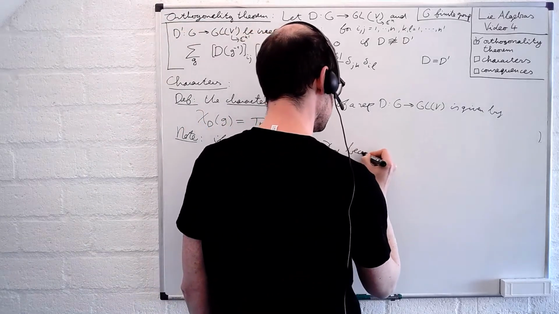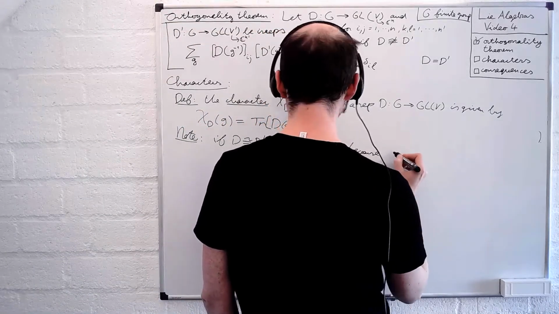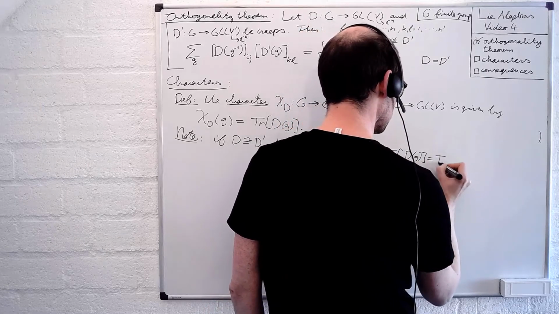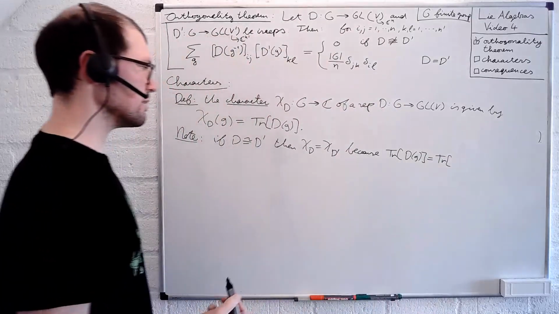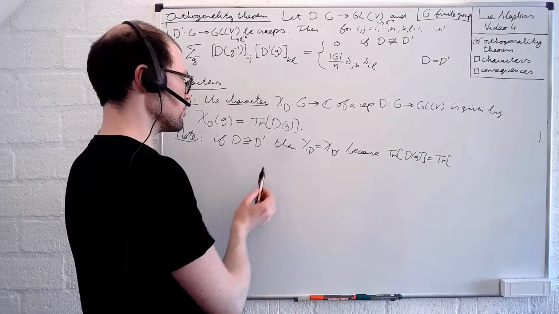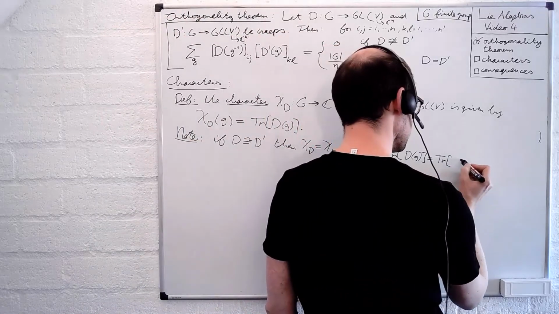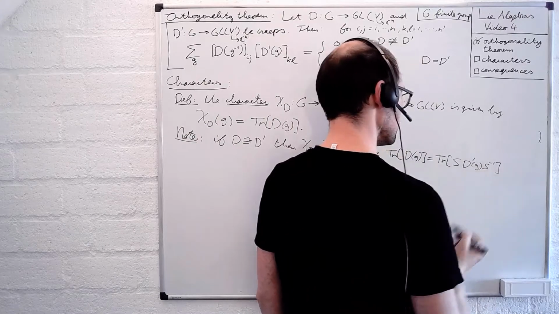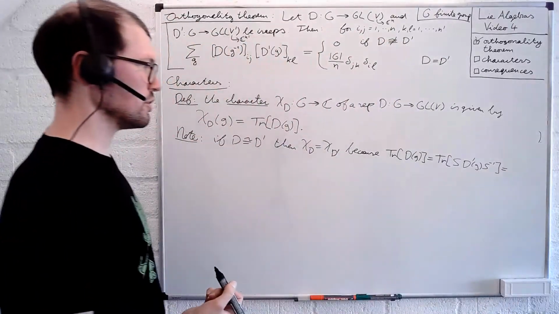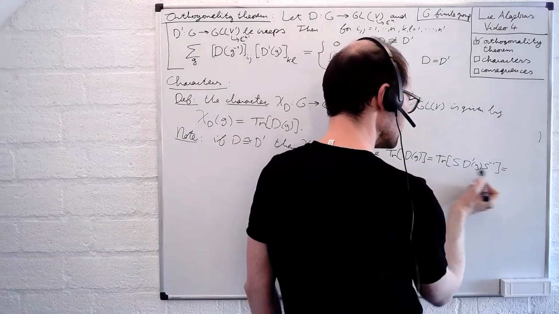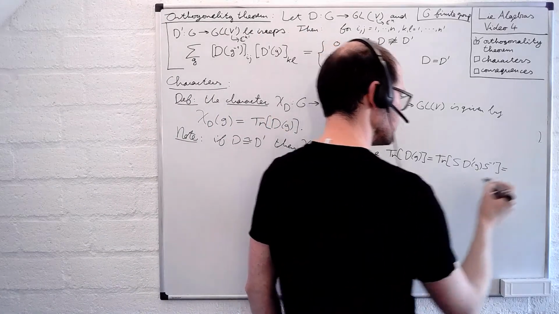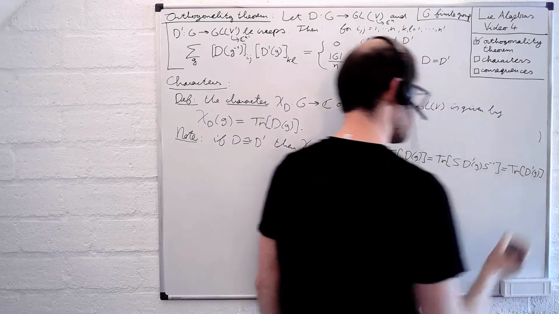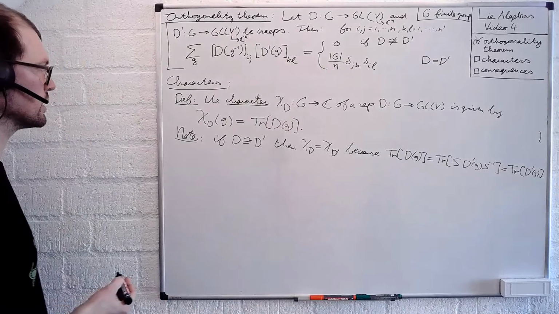Because if I look at the trace of D of g, it's going to be related by a similarity transform to that of D prime, so I have S D prime of g S inverse. And as we just saw before, S and S inverse cancel each other, so I get the trace of D prime of g. So that's pleasant.